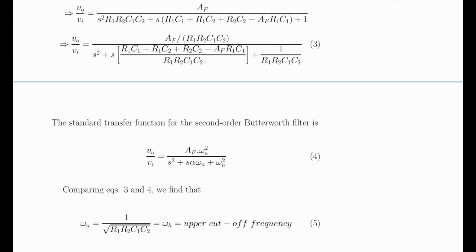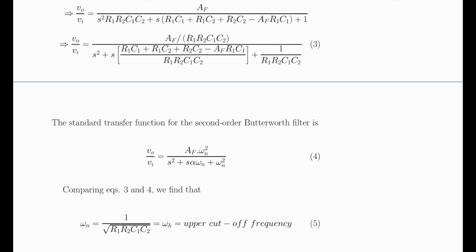In both, on the left side we have V naught upon Vi. In the numerator, we have AF upon R1, R2, C1, C2 in equation 3, and in equation 4 we have AF into omega n square. So AF is common in both, and therefore omega n square has to be equal to 1 upon R1, R2, C1, C2.